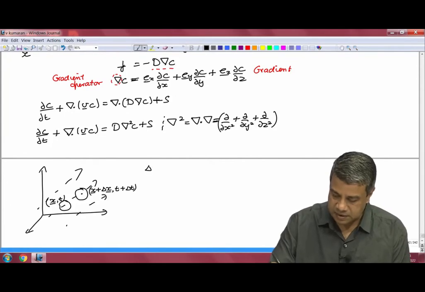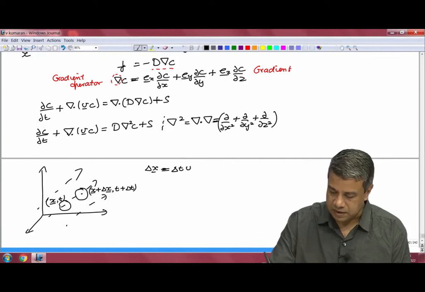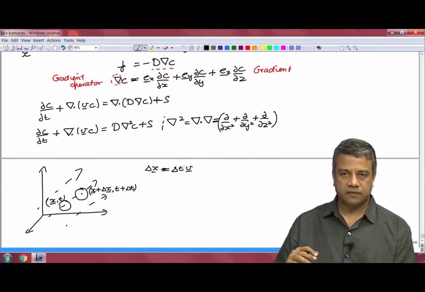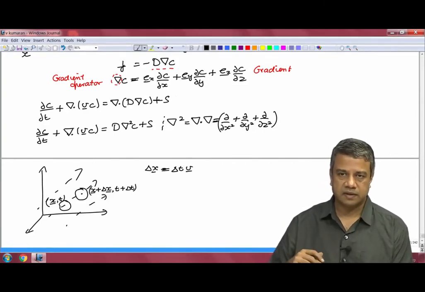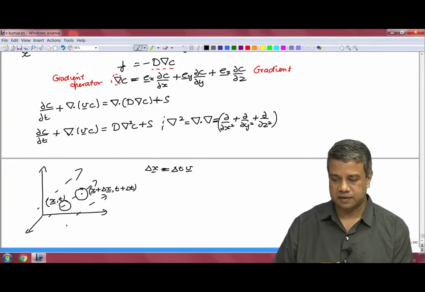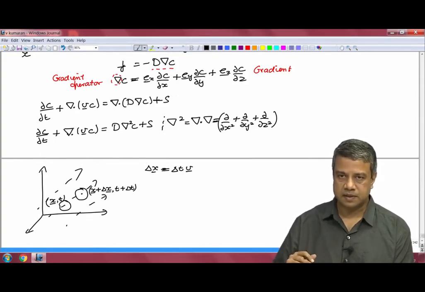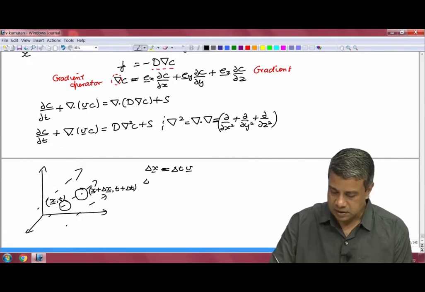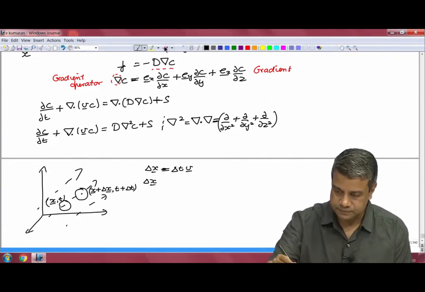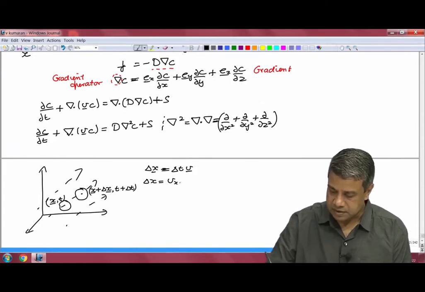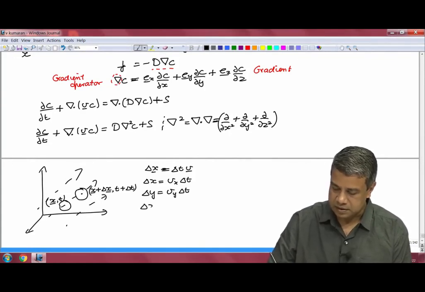At the time t plus delta t the volume is located at the location x plus delta x, where delta x can be written as delta t times v. Okay. The product of the velocity and the time interval, the vector velocity and the time interval, is the vector displacement with components delta x is equal to Vx delta t, delta y is equal to Vy delta t, and delta z is equal to Vz delta t.